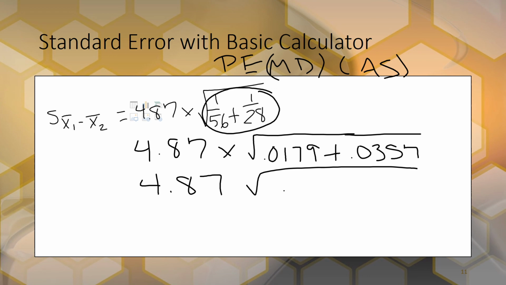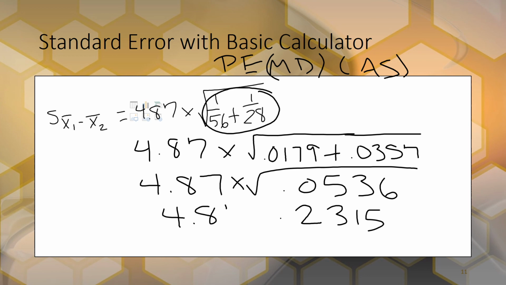And we get 0.0536. Now we can finish the exponent by taking the square root of that. And we get 0.2315. And then we can finally multiply it by 4.87, our pooled standard deviation, and we'll get 1.274 as our final answer. So that's our standard error for the difference between the sample means.